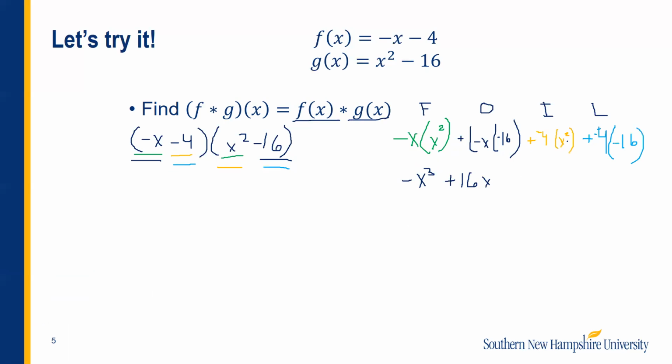Negative 4 times x squared is negative 4x squared. And lastly, negative 4 times negative 16 is a positive 64, I believe.